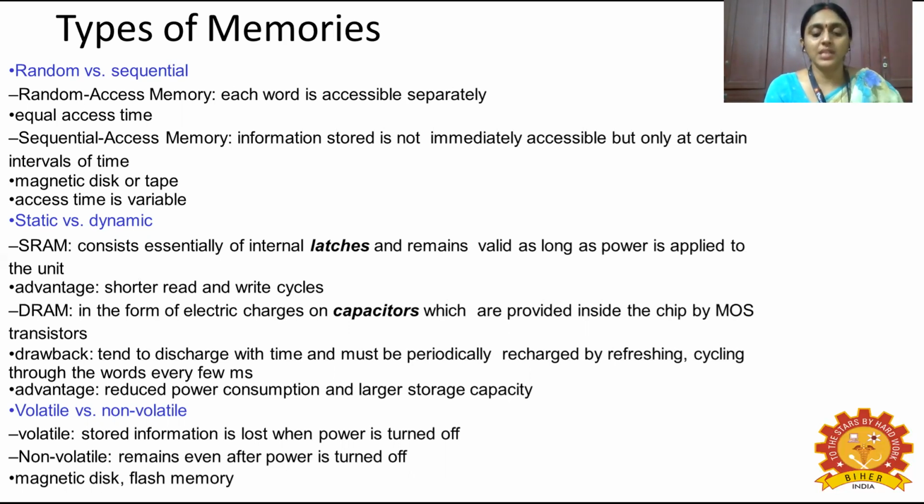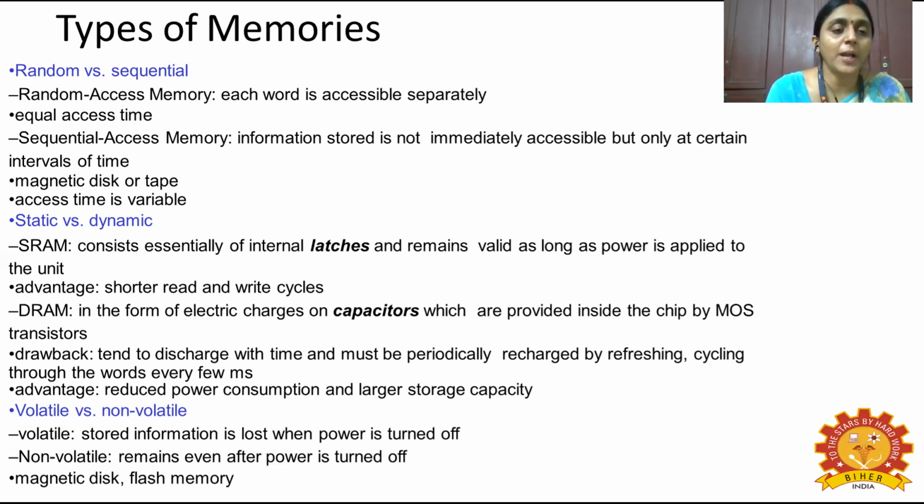And now we will see the next type, which is static versus dynamic memory. Static RAM consists essentially of internal latches and remains valid as long as power is applied to the unit. The advantage of static RAM is shorter read and write cycles.